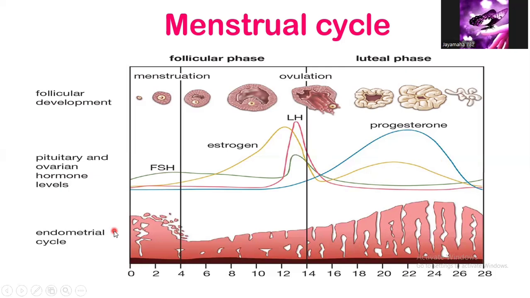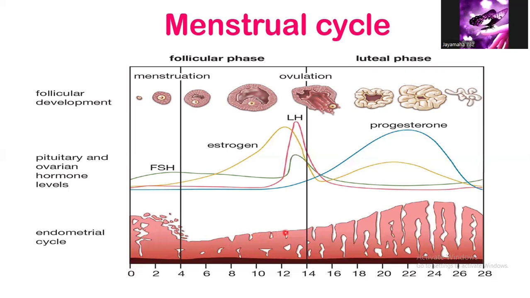Similarly, in the endometrial cycle, the endometrial lining sheds during menstruation. Here you can see progressive thickening of the endometrium due to the increase in the estrogen hormone level.